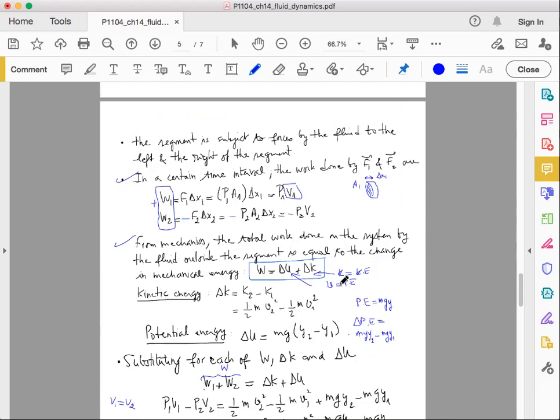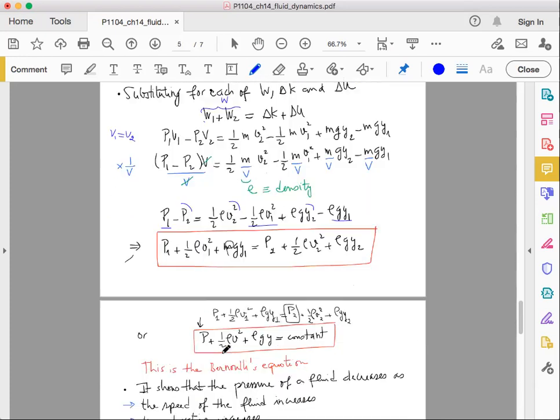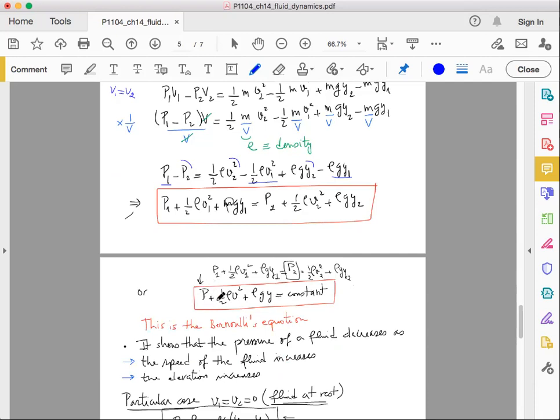In the Bernoulli equation section, we did another exercise where we made the proof of the Bernoulli equation, so that at the end we could derive an equation which relates pressure, speed, and elevation of the fluid at two different points. We have seen through this equation that if the pressure of the fluid increases, for example, we should have a decrease in the speed, in the elevation, or in both, depending on the value of the increase, such that the summation of pressure, half rho v squared, and rho g y is always equal to a constant.